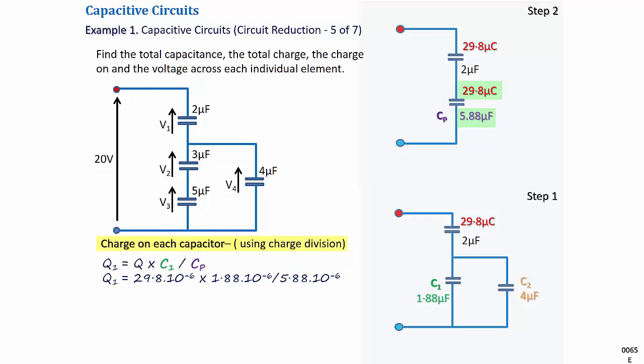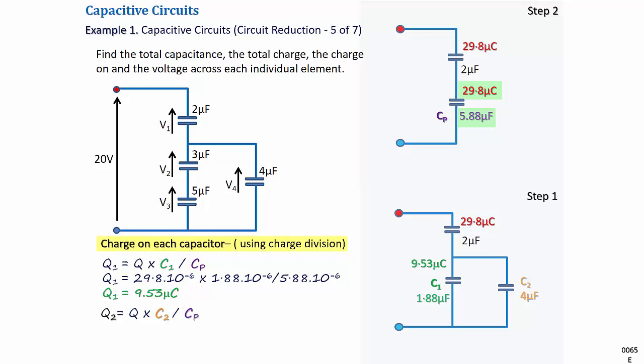Substituting the values, Q1 equals 29.8 times 10 to the power minus 6 times 1.88 times 10 to the power minus 6 divided by 5.88 times 10 to the power minus 6, which equals 9.53 microcoulomb. We can use the charge division formula again to find the charge on the 4 microfarad capacitor C2.